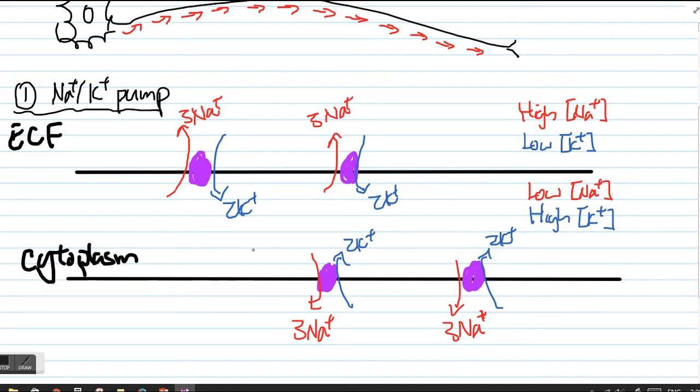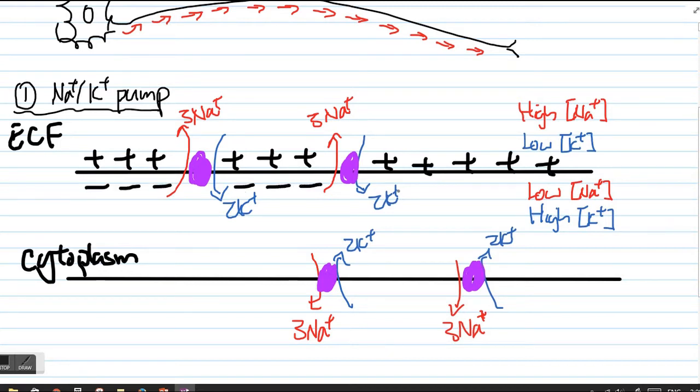A second thing that is worth talking about is that every cycle the sodium-potassium pump works, you are essentially losing a positive charge to the surroundings, because you are only bringing in 2 positive charges while you are losing 3 positive charges each time. So for that reason, over time, the outside of the cell membrane is going to be relatively positive compared to the inside.